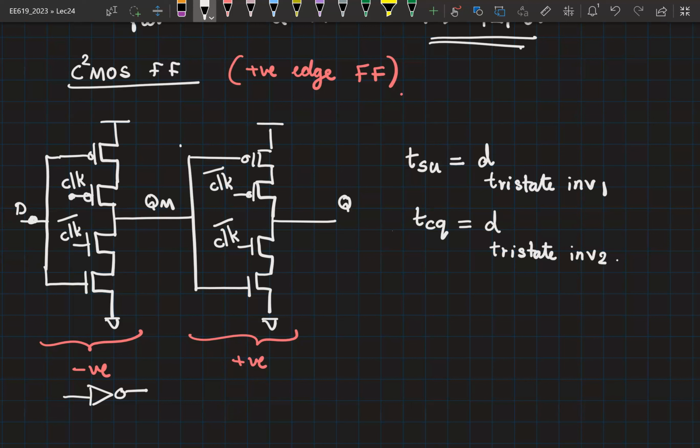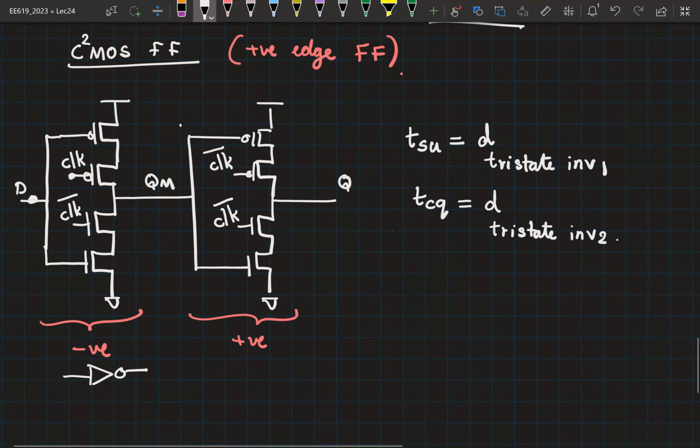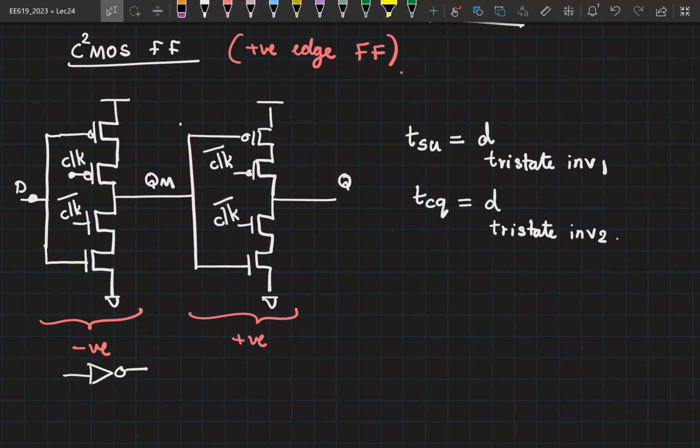So now we are going to analyze the flip-flop for the same skewed clocks drawn on the board. Okay, so before that, any questions on the C-square MOS FF implementation? Okay, so why don't you give it a try?